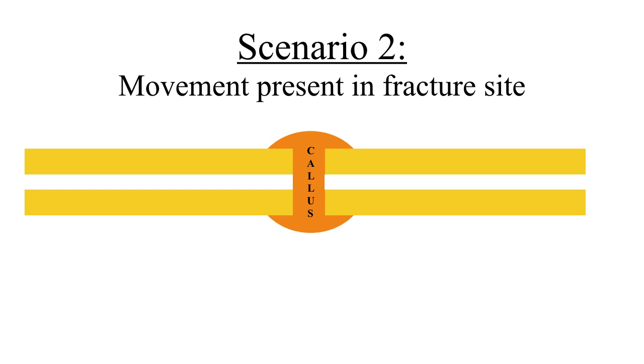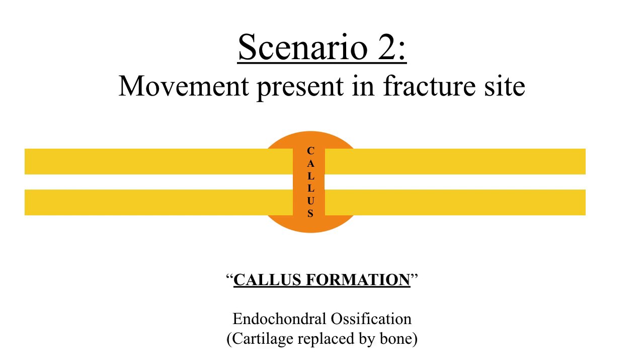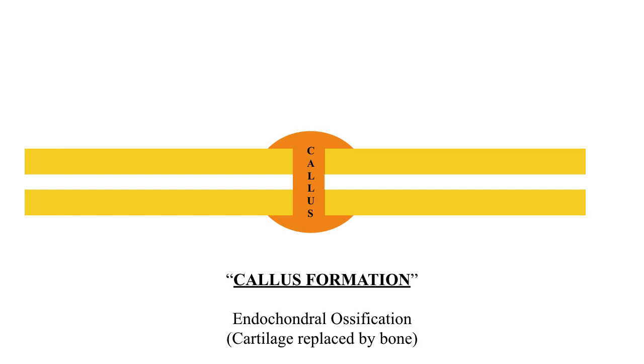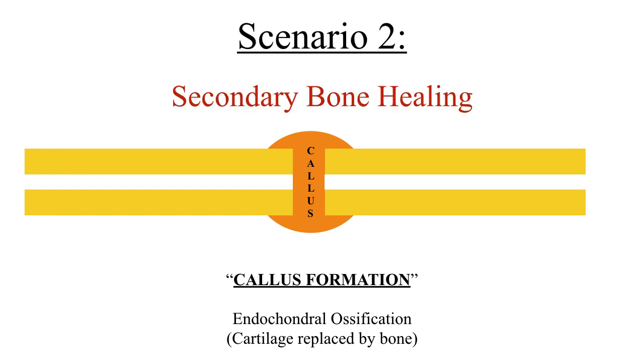So whenever there is movement in the fracture site, there is intermediary callus formation, and this callus converts itself into cartilage, and this cartilage is then replaced by bone. So this intermediary callus formation differentiates this type of bone healing, which is called secondary bone healing.